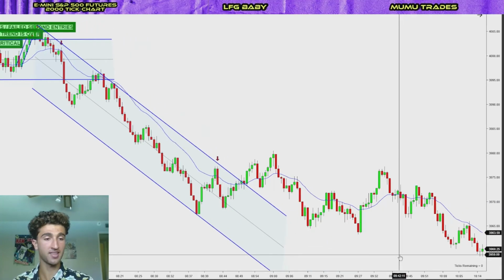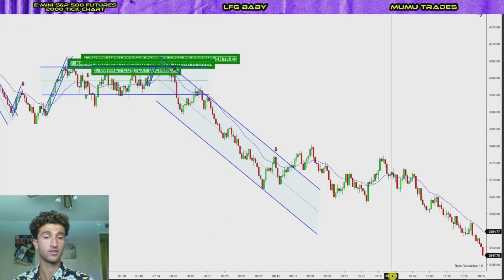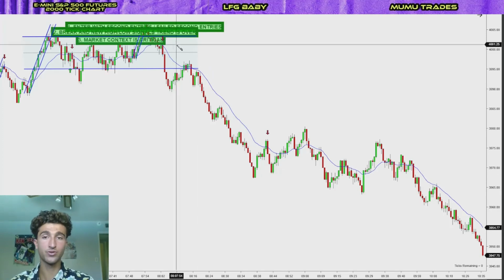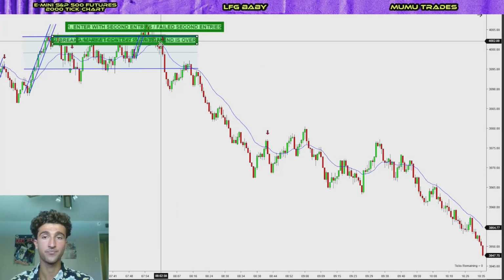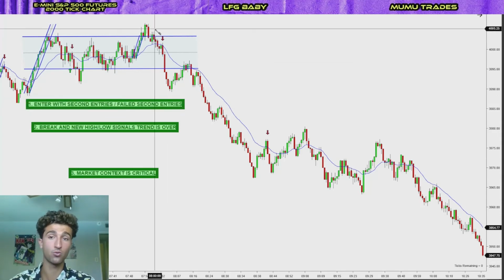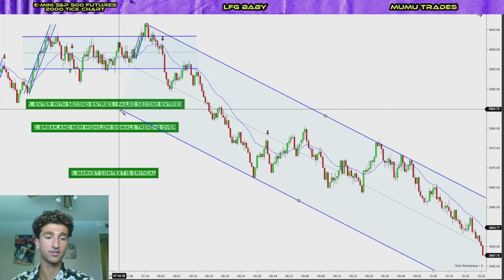And we can see that we ended up having a lot of continuation of this downtrend. So what that really signals to me in real time is, okay, maybe there's even a wider downtrend to the one that we just had. And that looks pretty nice to me.